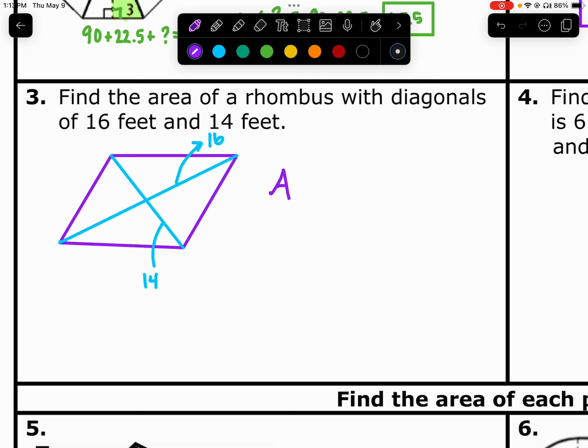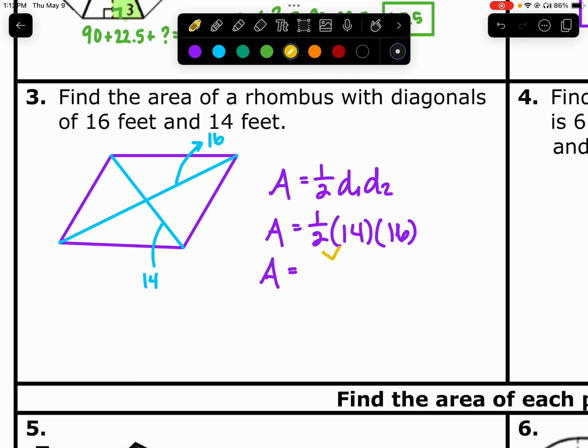So the area of a rhombus is 1/2 diagonal 1 times diagonal 2, which would be 1/2 times 14 times 16. Okay, we know half of 14 is just 7. And now we just have to multiply 7 times 16 to get 112. And since this is area, that'll be square feet.